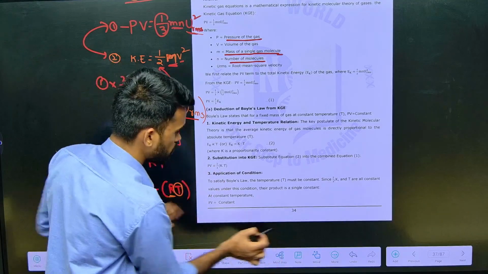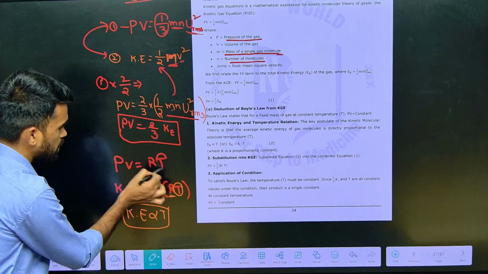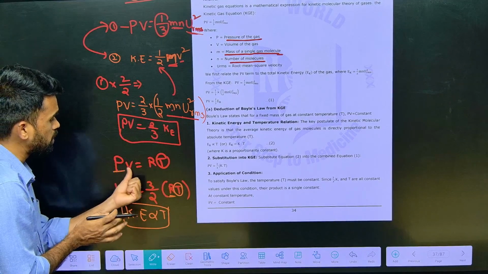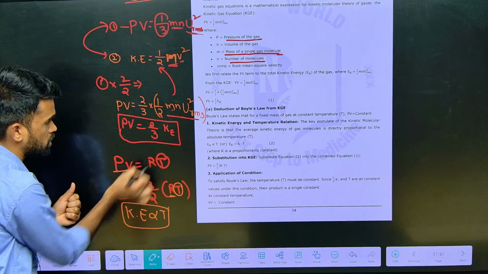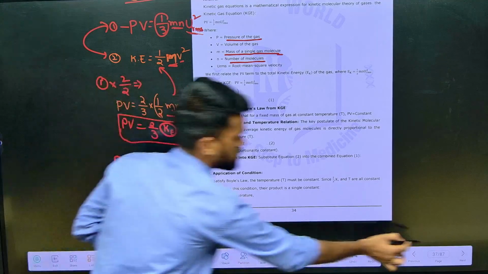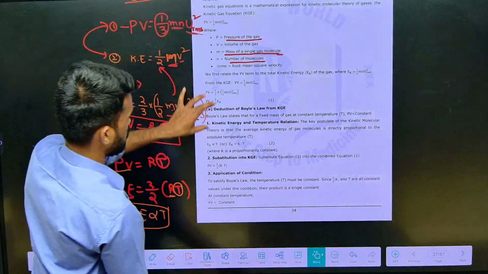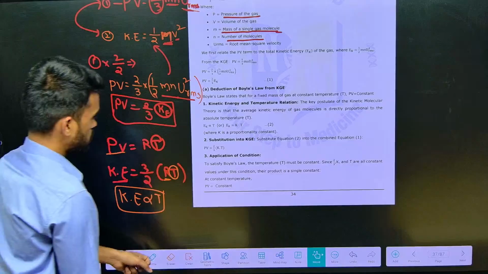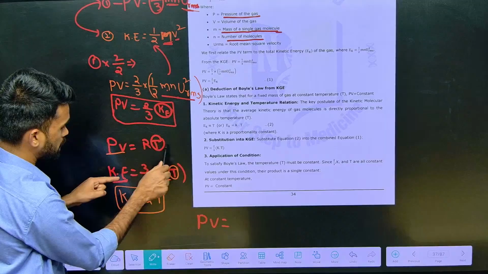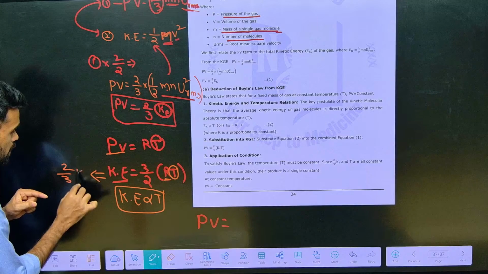From this PV equals RT, if temperature is constant, kinetic energy is also constant, which means the energy of the molecules is also constant. So if temperature is constant, kinetic energy is constant, and in place of kinetic energy if I write this, PV also remains constant. See, PV equals RT is there, and in place of RT I am writing 2 by 3 KE, kinetic energy.